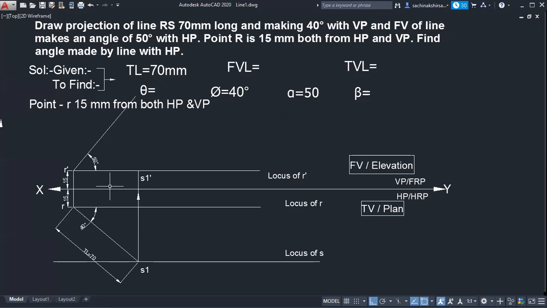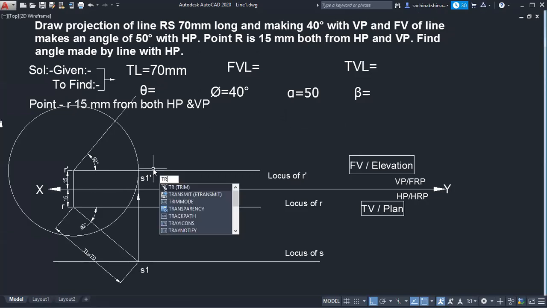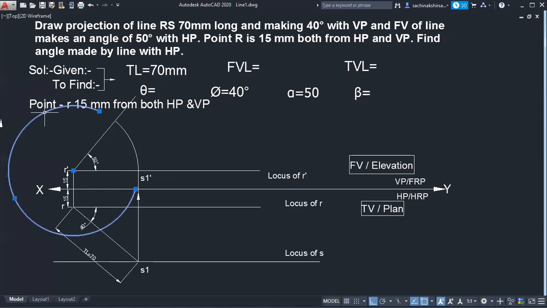Up to this I will draw the circle and erase the remaining, so you will know what I have drawn. This is the curve drawn from S1 to here. So which point did I get now?